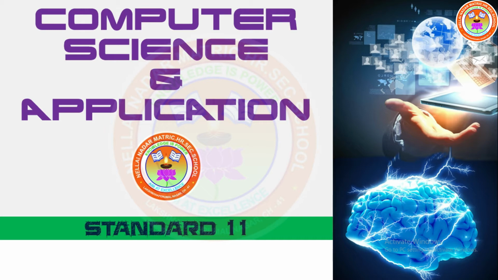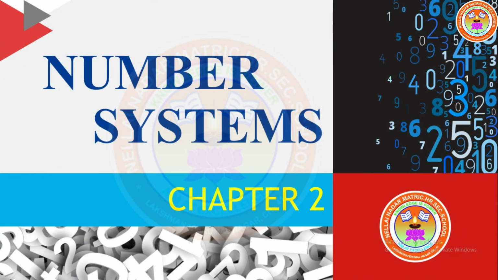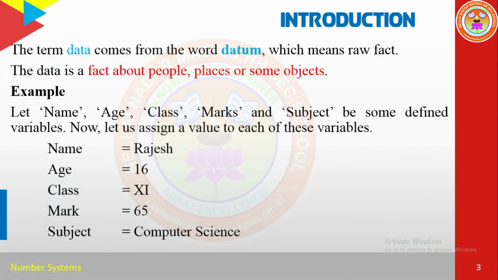So first, 2.1, the introduction to this chapter. The introduction is the term data. Fully we are going to see about data. Why? Because memory representation is nothing but storing data in the computer, and for that we must have a memory part.